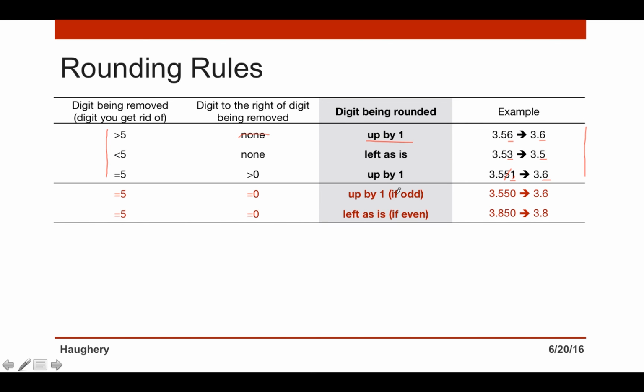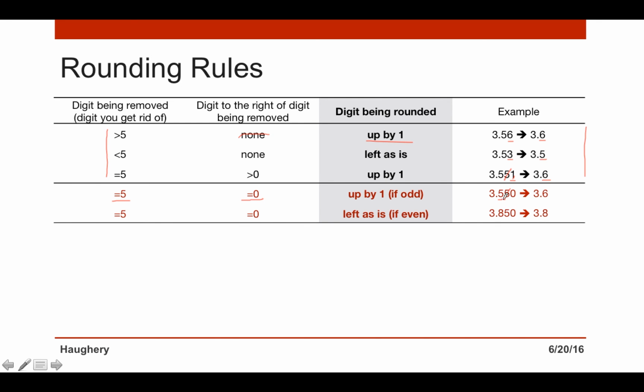Now, round up if odd or round if even. This might be different than some of us have dealt with, but these are 2 more rules or ways to actually make our numbers more precise. If the number we're removing is equal to 5, followed by a 0 or nothing, we round the remaining number up if it's odd. So what does this look like? We want to get rid of 5.